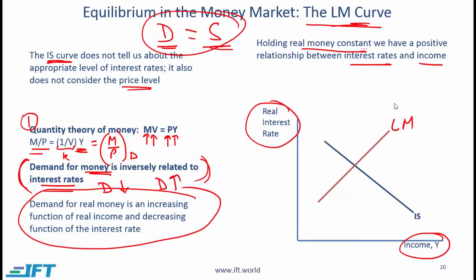And I'll give you a simple example to understand why we say this. We have said that there's a positive relationship between demand for money, let's say that's denoted by D, and income. So D is equal to some constant times income. And there is an inverse relationship between demand for money and interest rates. So we'll have interest rates here in the denominator.